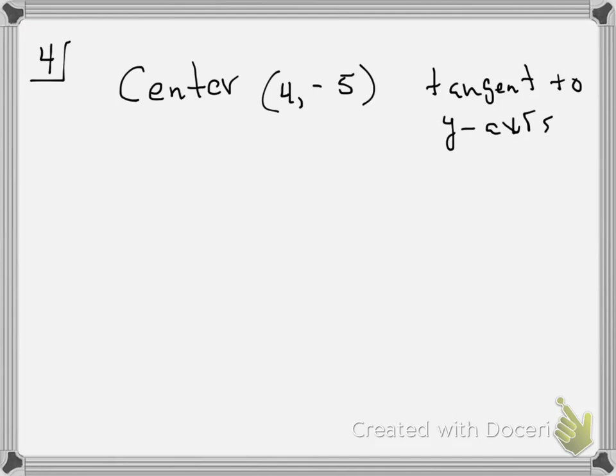And then in the standard xy coordinate plane, they ask, what's the radius of the circle? So they're asking you, what does tangent mean? Let's think about it. That means that it intersects in one point.